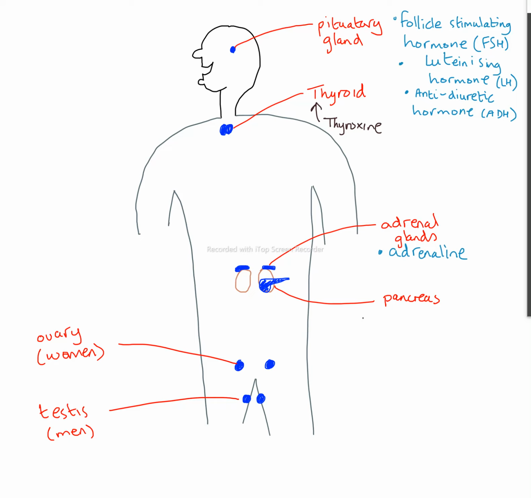The pancreas releases insulin and glucagon. We'll discuss all these in a bit of detail, maybe in the next video, because it's a bit too long, this.